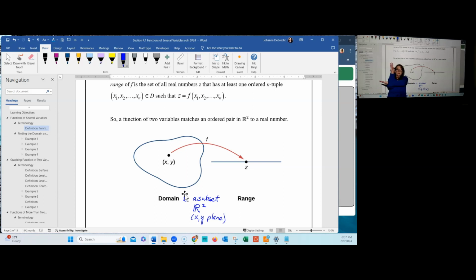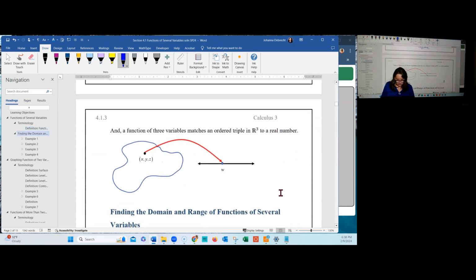So yes, the normal graph that you're used to seeing with y going up and x, positive x going off to the right. We take these ordered pairs and map them to a particular z value. And this will produce an ordered triple. And we'll graph the ordered triple in order to graph the surface. So we'll get an xy from the domain mapped to a z, which gives us an ordered triple x comma y comma z.